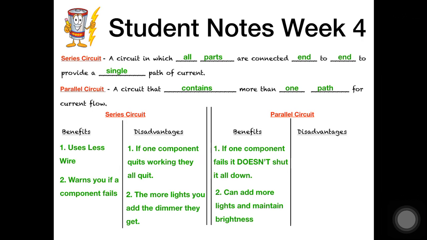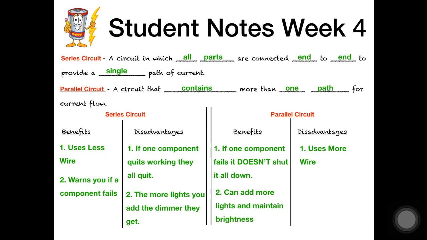And the last thing here, the one disadvantage to parallel circuits is it uses more wire. So it does tend to use a lot of wire in order to keep all of those on basically different loops.